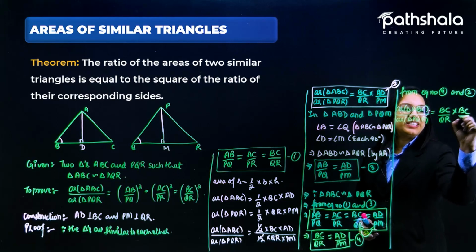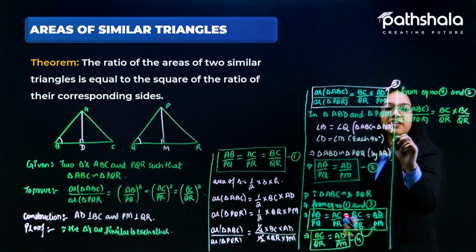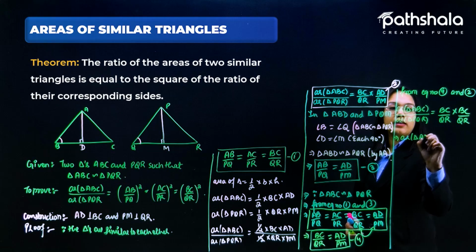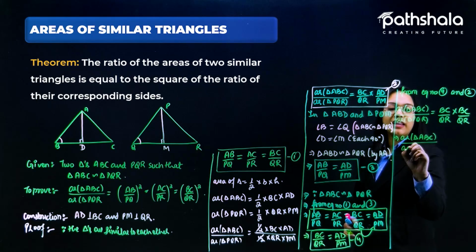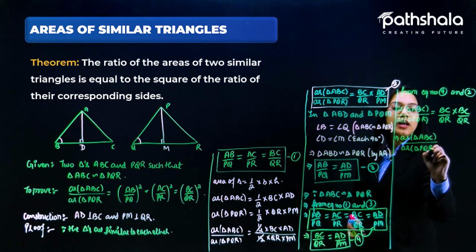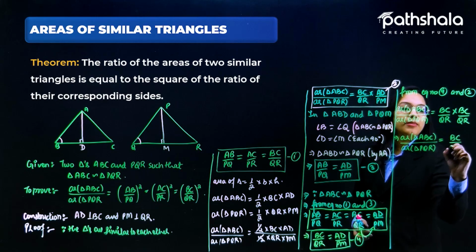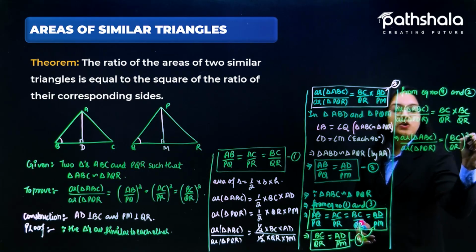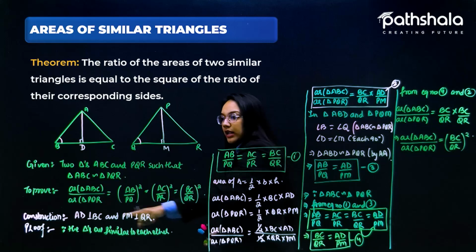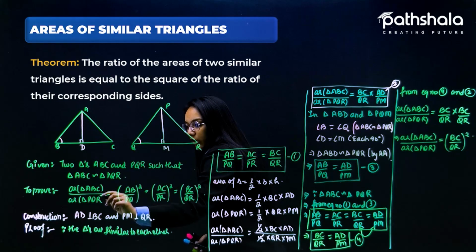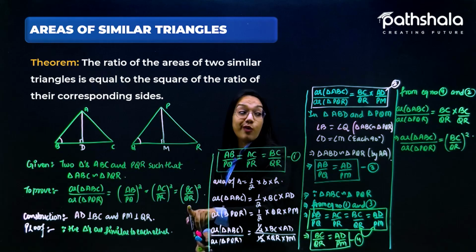So the area of triangle ABC by the area of triangle PQR is equal to BC by QR whole squared. This is the first thing that we have proved.